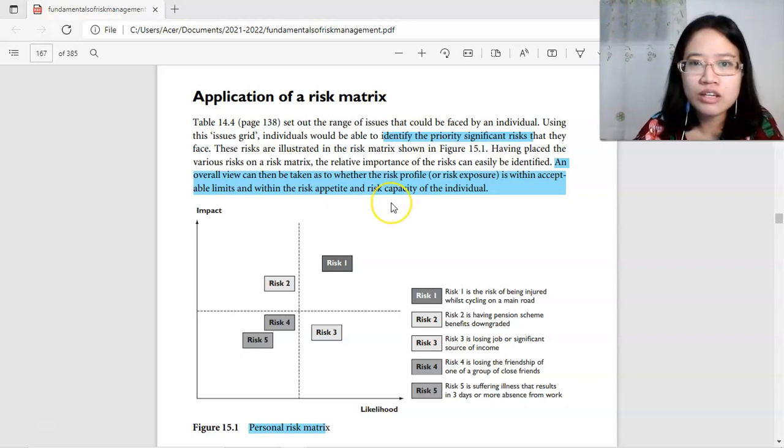Okay, and then the second one is the risk capacity. It would depend on the resources of the organization. Even if the organization is risk aggressive, if they don't have the resources to support taking on different types of risk, that's also not good. So we still have to consider, aside from the impact and the likelihood, how these are set against the risk appetite and risk capacity of the organization.